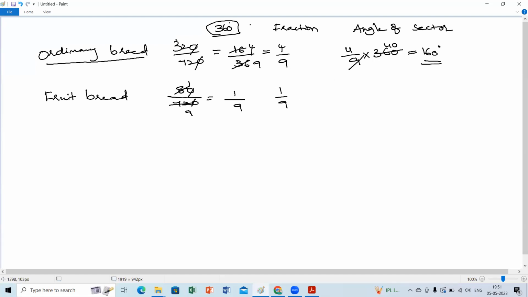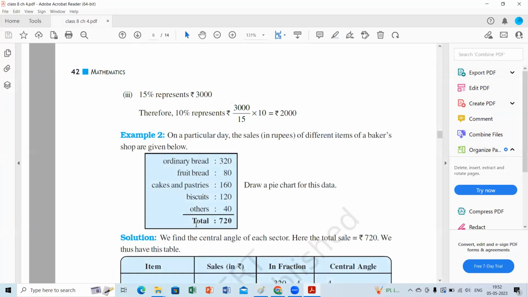Once you have the fraction, the angle of sector is 1 by 9 into 360, which is 40 degrees. Like that, you need to construct for each and every part in your question, children. The same way you need to go for cakes and pastries, biscuits and others. Please do it quickly, children.